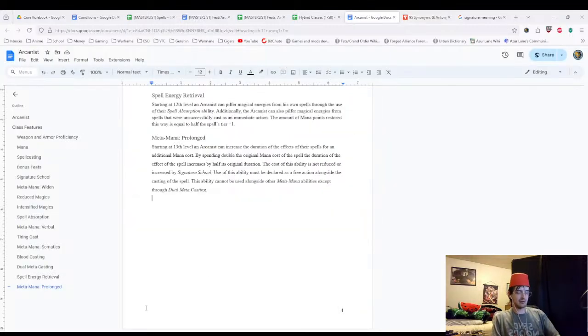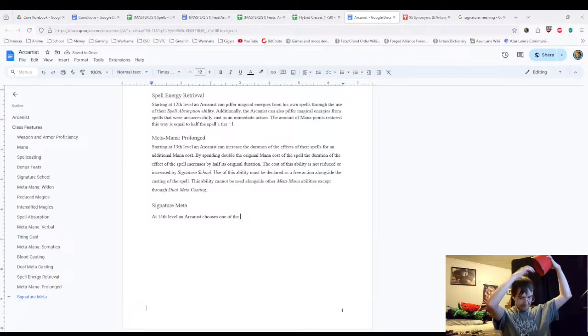If somebody comes with something better, go ahead and throw it out, but we're just going to go with signature meta. Okay, so this is just going to reduce the mana cost of the metas by a certain amount. I'll figure that out as I write it.